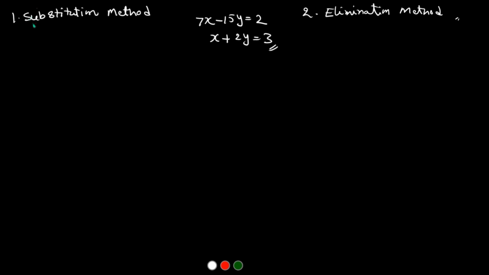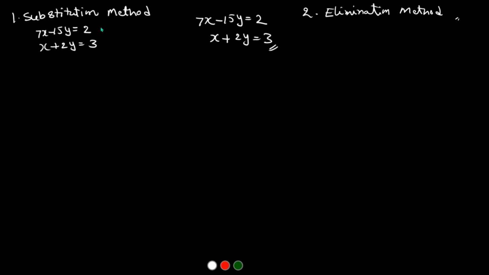So I am rewriting the two equations one more time here. That is 7x minus 15y is equal to 2, and x plus 2y is equal to 3.